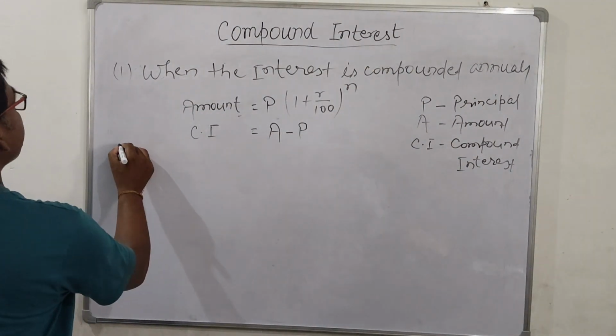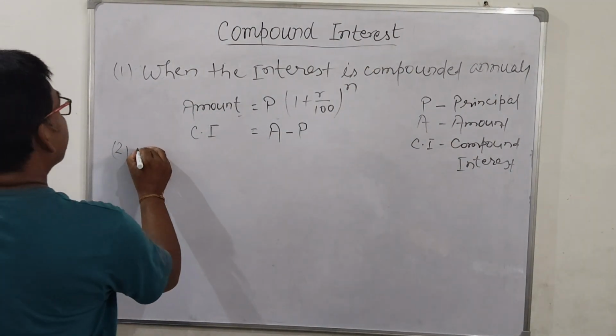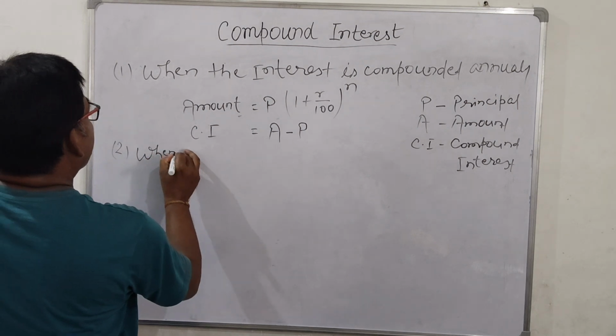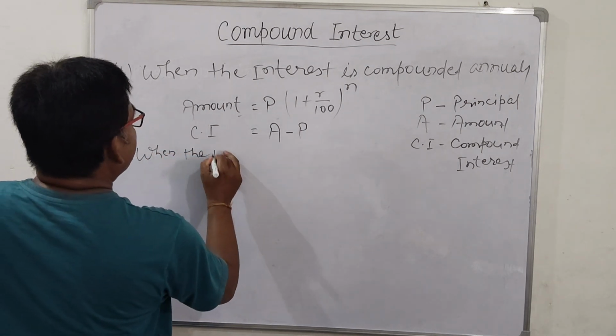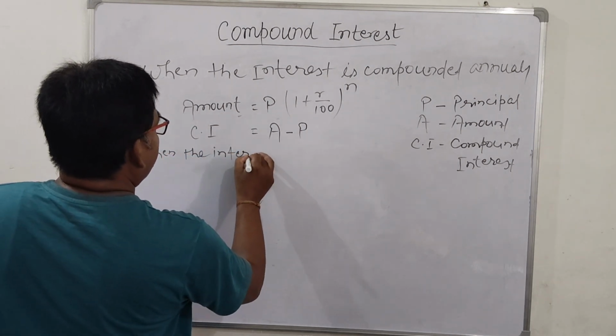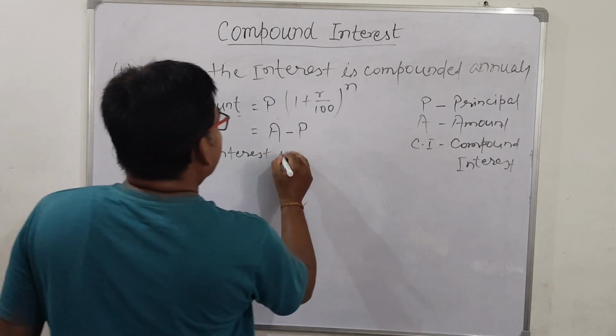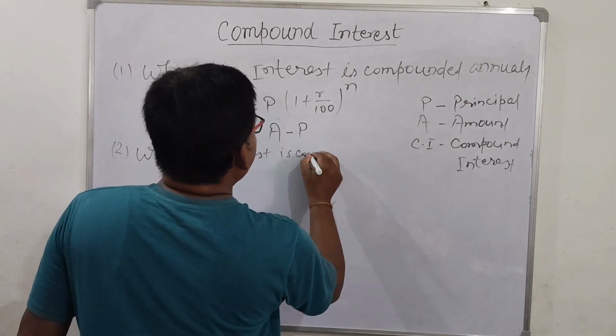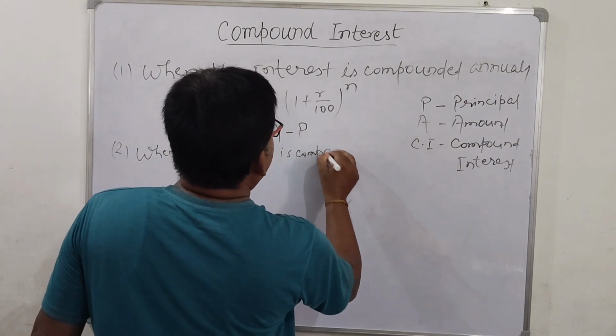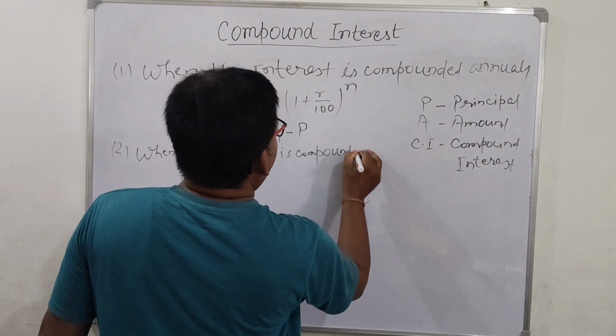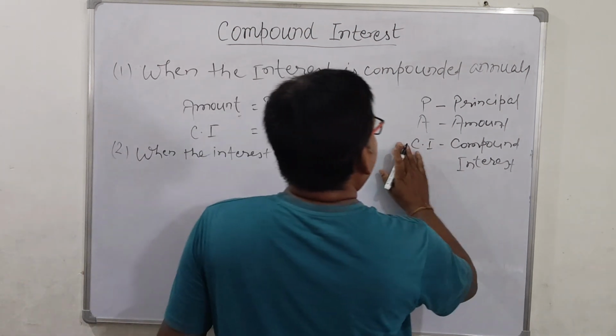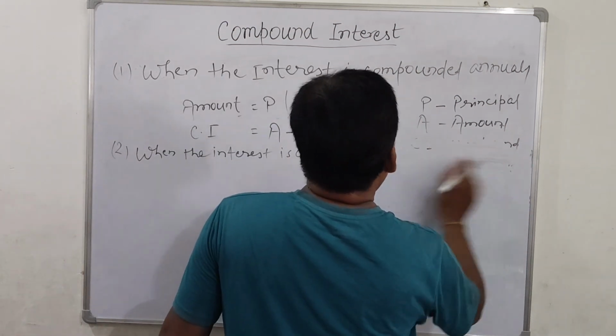And the second criteria is when the interest is compounded half yearly.